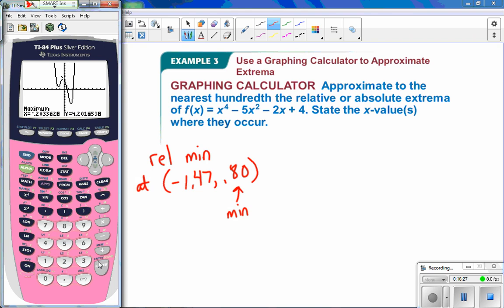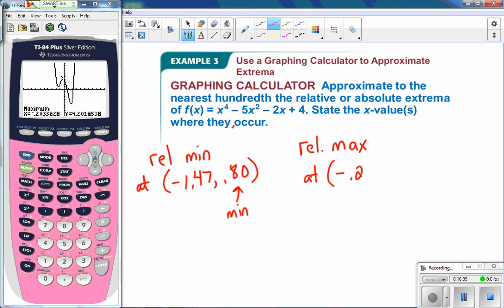And it appears that we have a relative max at -0.20, 4.20. And again, if I was asked the relative maximum value, I would say 4.20.